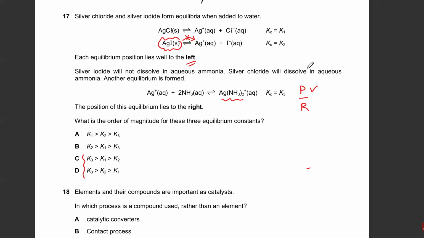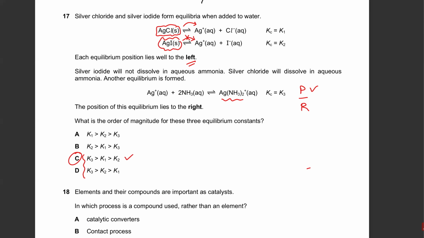While, okay, AgCl will dissolve, right? Yes. So that means it's more to the right. Yeah, so the first one is willing to dissolve, but the second one is absolutely not willing to dissolve. So that must be K1. So what's the order? K1 and then K2, right? Yes.